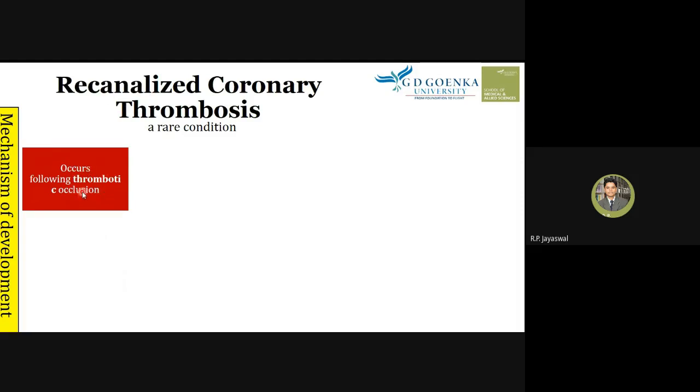So the first step is atherosclerosis. Second, there is atherosclerosis with thrombosis, which may further cause different changes. The recanalized coronary thrombosis occurs following thrombotic occlusion.